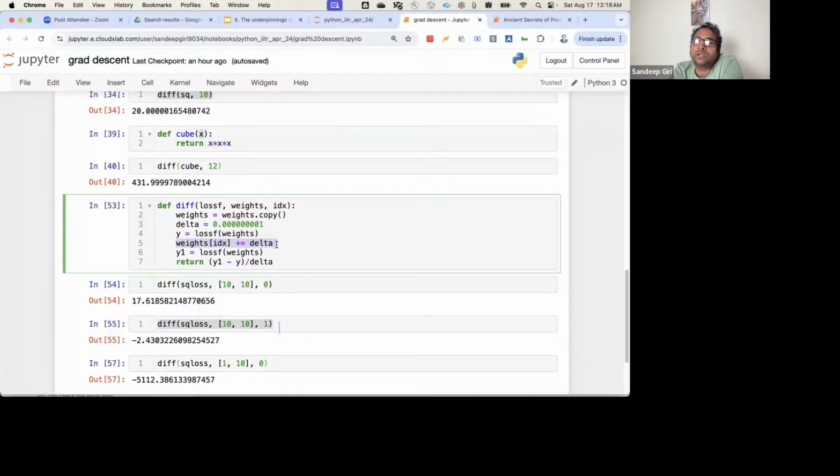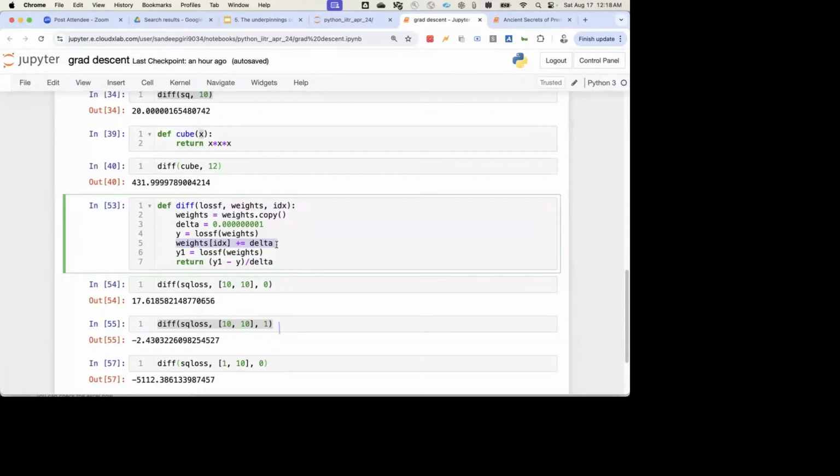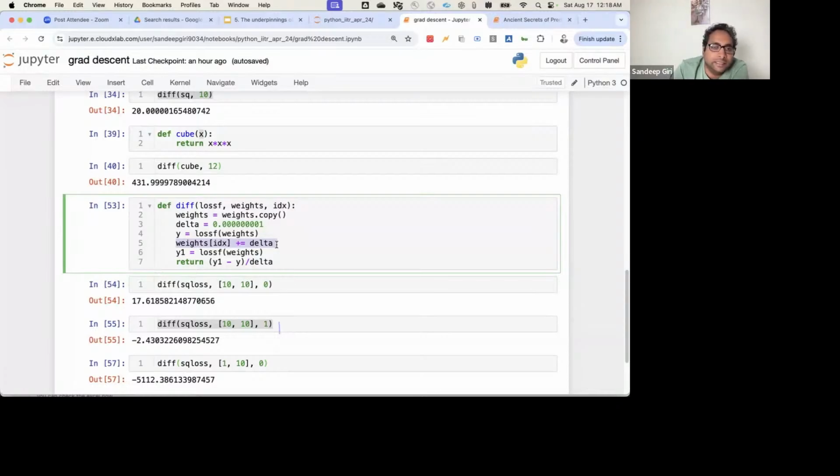It calls that function first with all the weights, then increases one of the weights depending upon index, computes the loss again, and then computes the rate of change. So if you have 100 weights, you just keep on changing the index.